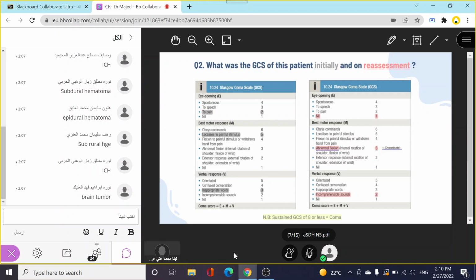Abnormal flexion is also called flexion rigidity or decorticate posture. And he was saying an incomprehensible sound, so he will get 2 points. So 2, 3, and 1, it is 6, less than 8, so the patient has a severe brain injury, and this means that the patient is unconscious.